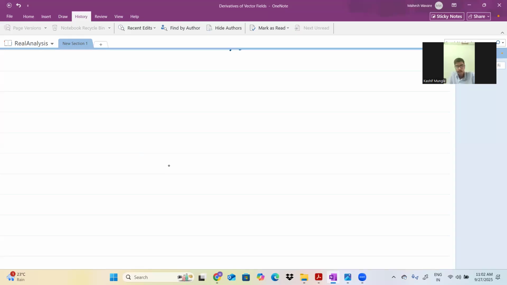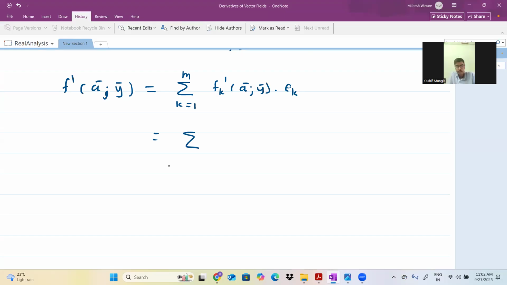So the moreover part is that f dash of a bar at y, as I have written earlier, is component-wise, k from 1 to m, the k-th component f_k dash at a bar at y, multiplied by e_k, and the sum of all these. So this is for the scalar quantity.